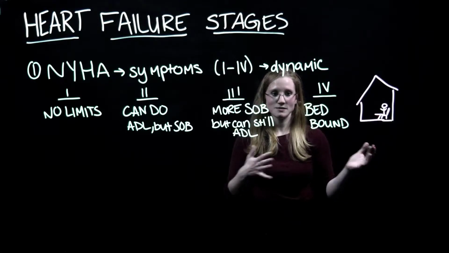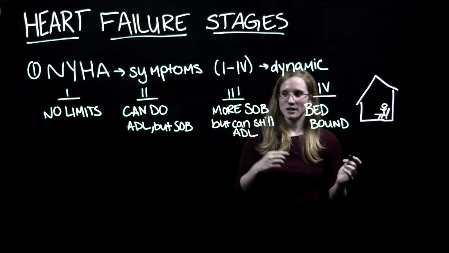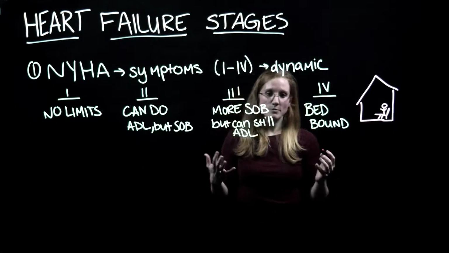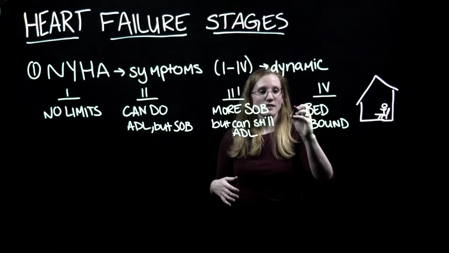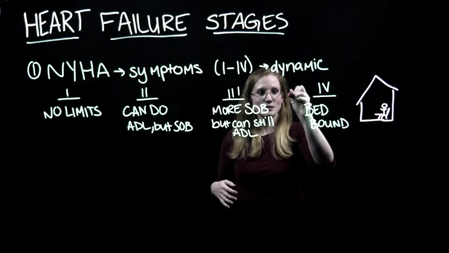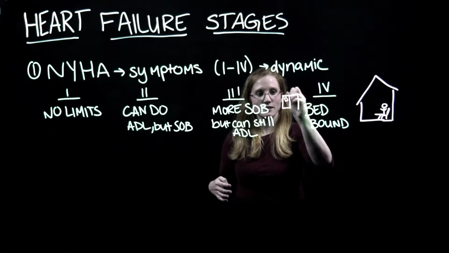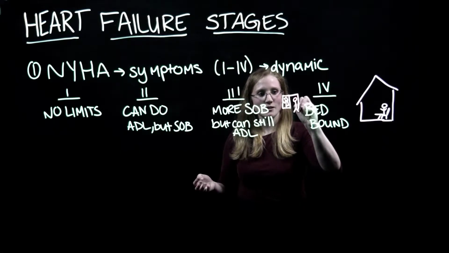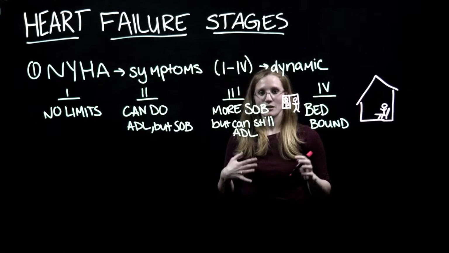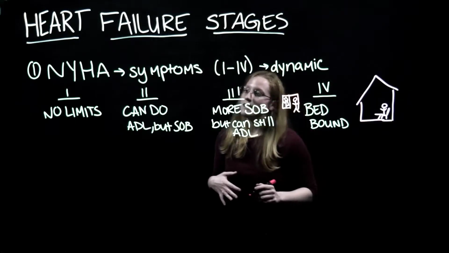They can't get out of their house. Then somebody with shortness of breath may not necessarily be able to go all the way and get their mail, but they could at least get to the front door before having to stop and take a break. So if we have our little glass here, the little patient would just get to the front door, but still in their house.